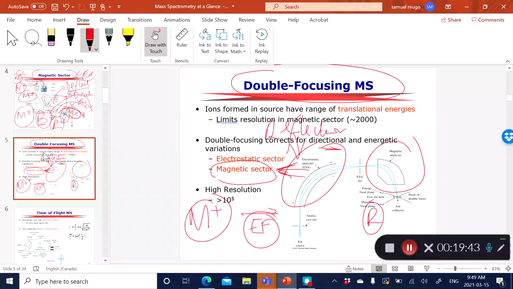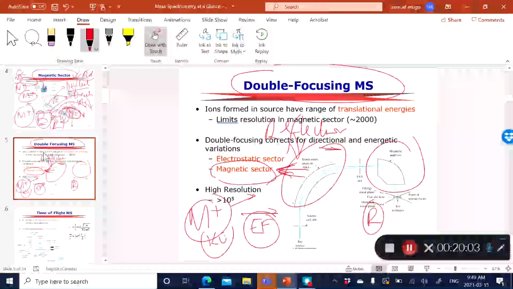And the idea, as I suggested, is that all ions tend to be mobile, so they are moving all over the place, and you expose them to an electric field.